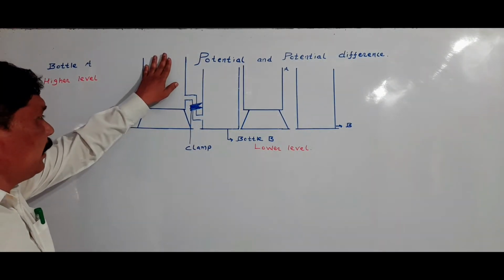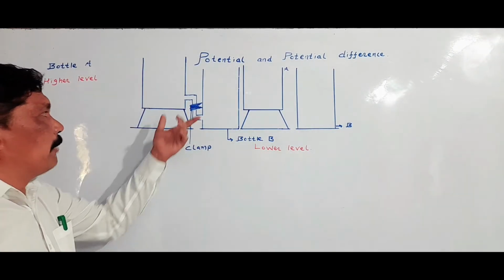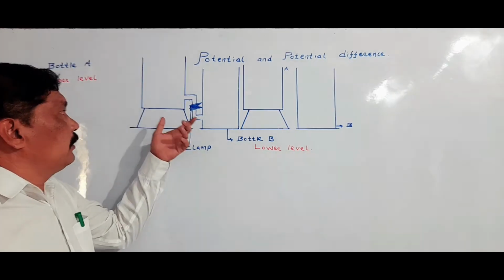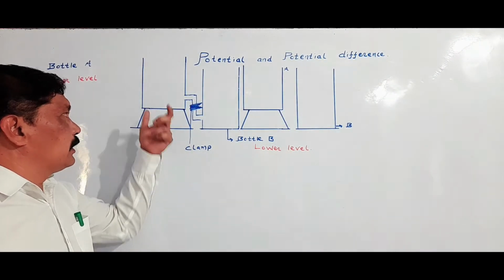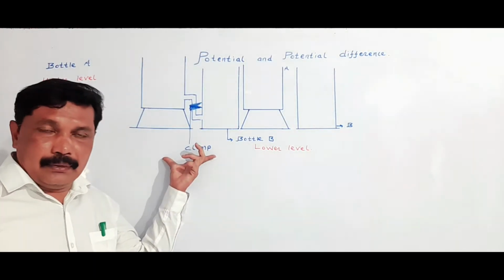Plastic bottle A and plastic bottle B are connected by a connector, and the connector is having a clamp.